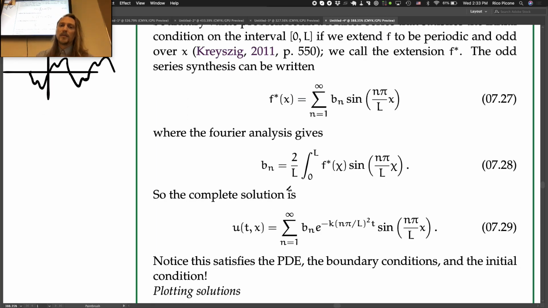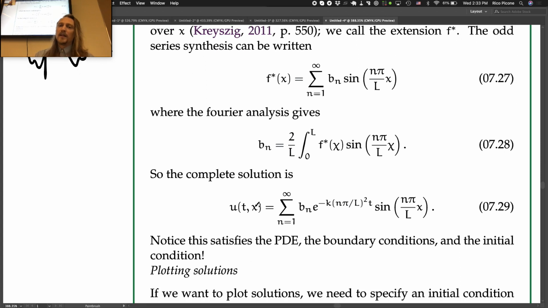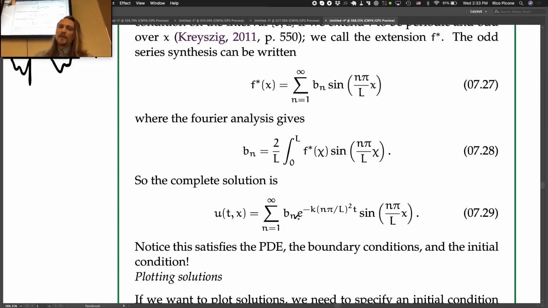So the complete solution then is going to be a Fourier series, using this representation. These Bn components, we'll plug them in here in an infinite sum, and this is a Fourier series that converges to the initial condition.